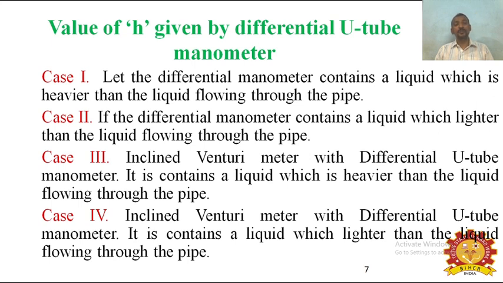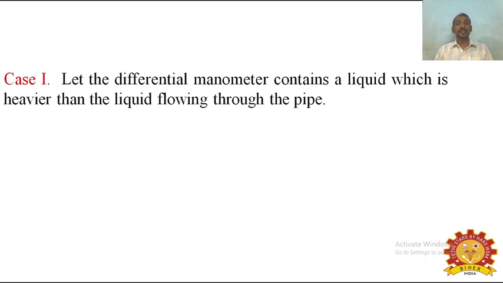Based on these four conditions, separate formulas are available. First, case 1: the differential manometer contains a liquid heavier than the liquid flowing through the pipe. So H is equal to X into (SH divided by S0 minus 1).